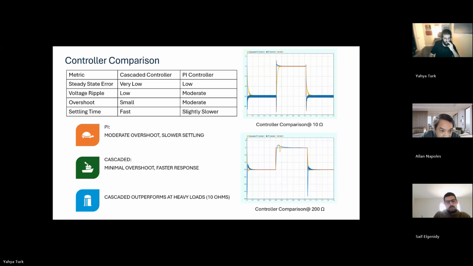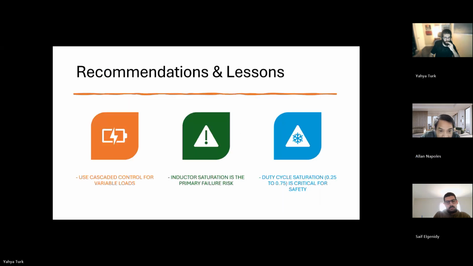So in summary, our recommendation is to use the cascaded control for variable loads, and inductor saturation is the primary failure risk. As our lessons learned, duty cycle saturation from 0.25 to 0.75 is critical for safety.